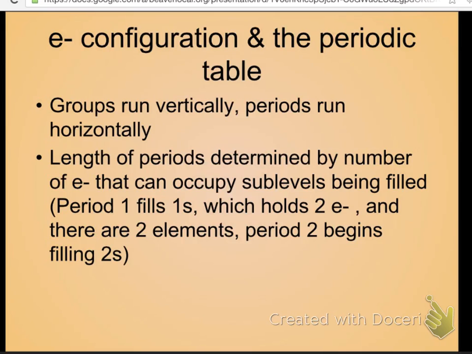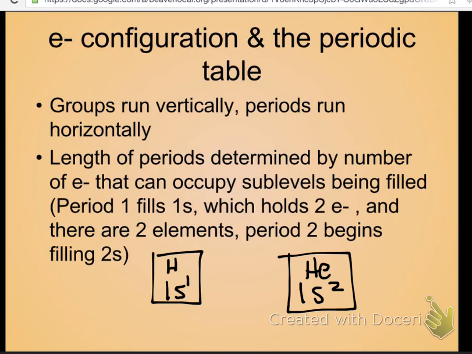Humph. So I would like you to take 2 of the little scraps of paper you've got, and on one of them I would like you to write the electron configuration for hydrogen, and on the next one I would like you to write the electron configuration for helium.